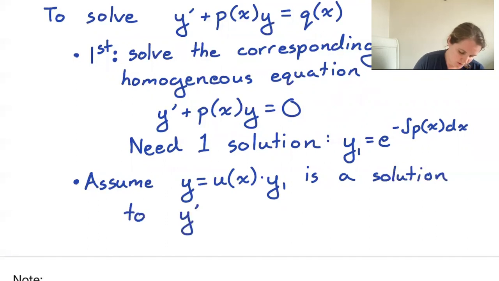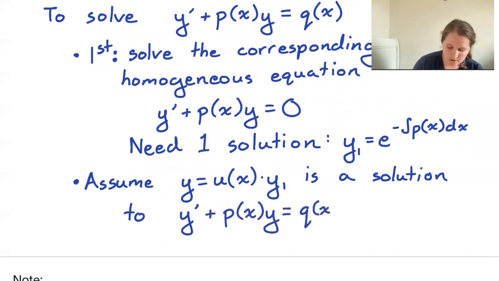So we're assuming this is a solution to y prime plus p of x y equals q of x. This replacing of the constant c with a function u of x is what makes this called variation of parameters, and this is a technique we will see multiple times throughout this course.